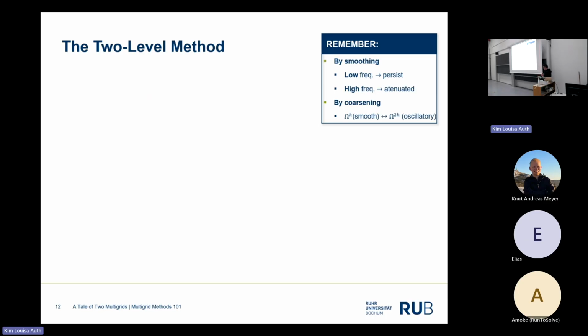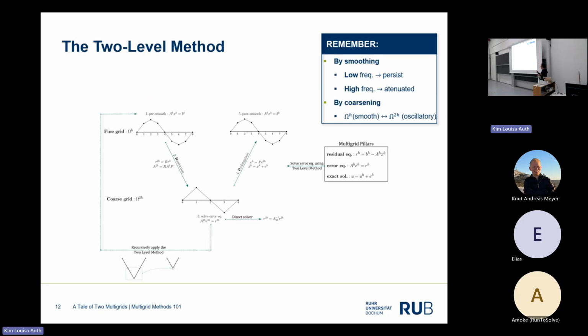So let's see these principles in action, and this is basically the fundamental core of the multigrid method. We don't need to go into detail through the figure other than highlighting a couple of things. First of all, we have here two levels, the fine grid and the coarse grid, and we start our algorithm by smoothing out the oscillatory error on the fine grid, and they are quickly attenuated.